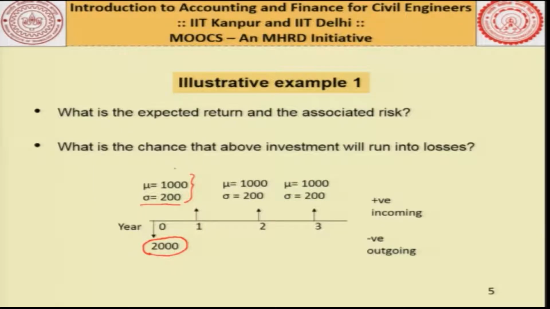So, that means the distribution at year 1 is something like this. Mean value of return is 1000 and its standard deviation is 200.